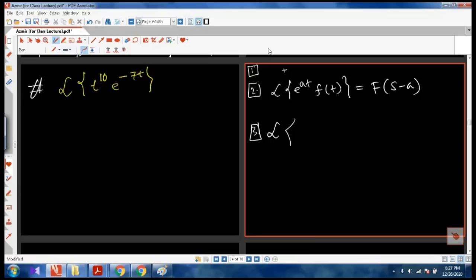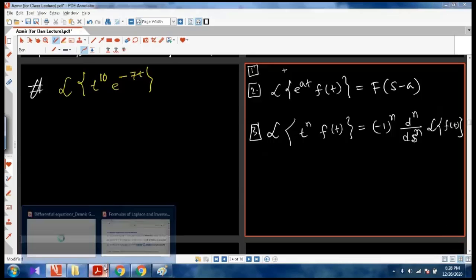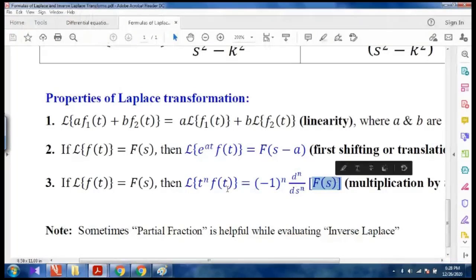Now, Laplace transformation of t power n f of t is minus 1 power n, nth derivative in terms of s of the Laplace transformation of f of t, and this Laplace transformation of f of t is f of s.